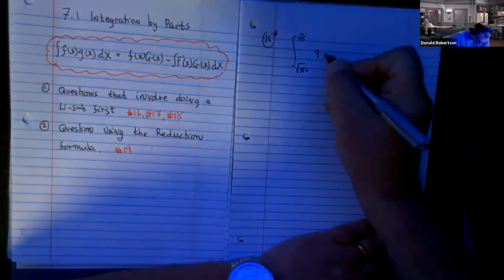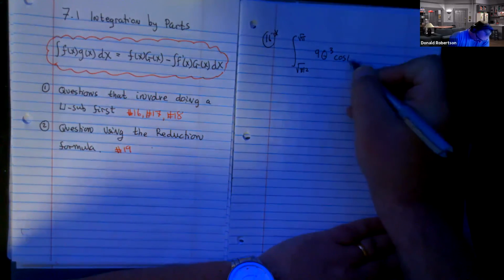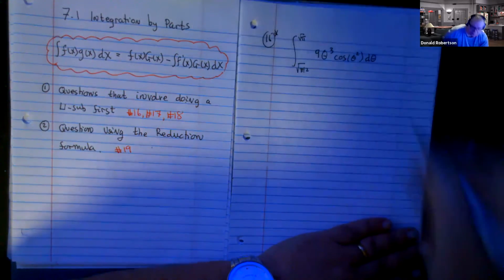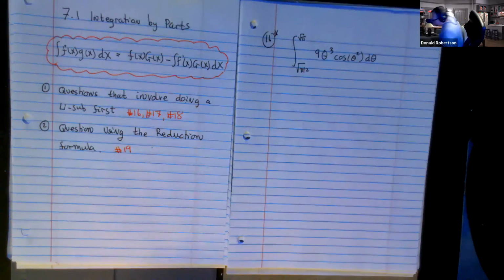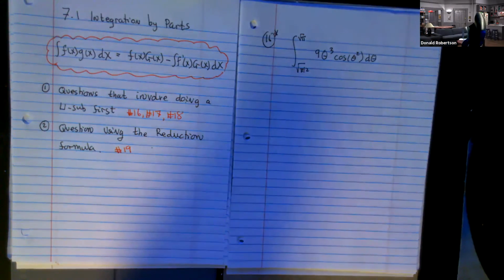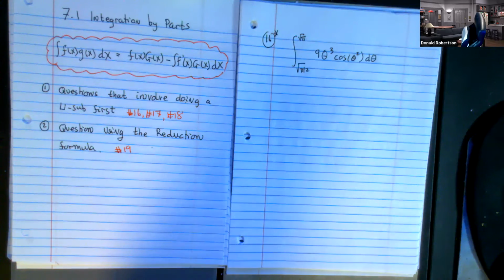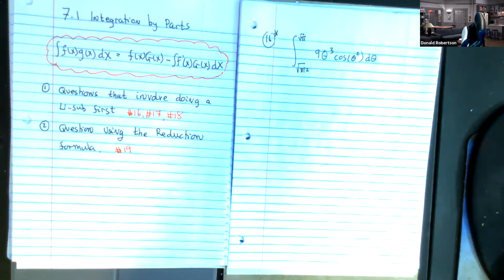And it's 9 theta cubed cosine of theta squared d theta.